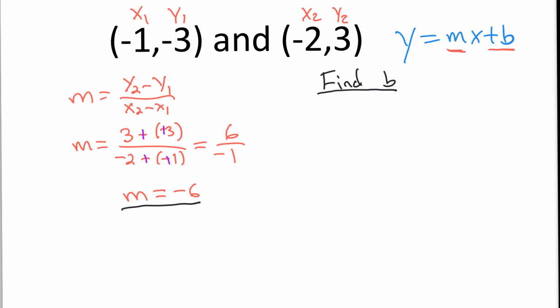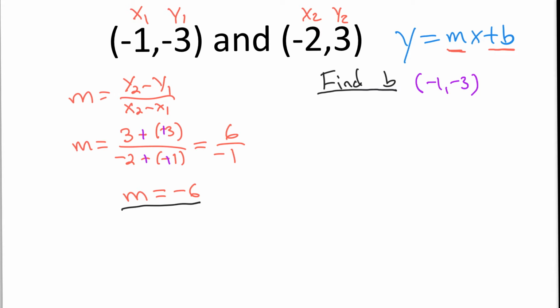And then I'm going to take one of the points that is given to us. So we have this point here, we have this point here, and you choose one, and we are going to use the x and the y for that point. Doesn't matter what point you guys choose, you will get the same answer when you find the b. So I'm going to choose the first one, negative 1, negative 3. I'm going to put that point here, and I'm going to label the x and the y.